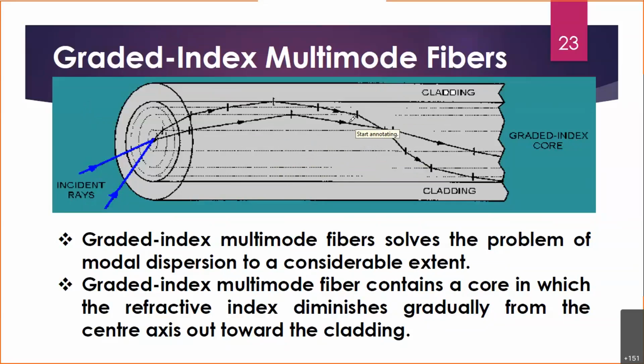Different layers have slightly less refractive index compared to the earlier one, and slowly they decrease towards the cladding side. At the core-cladding interface, the refractive index difference between the core and the cladding is very minimal. So it gradually decreases towards the cladding side, and that is why it is called a graded index optical fiber.